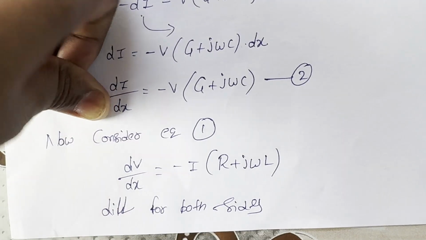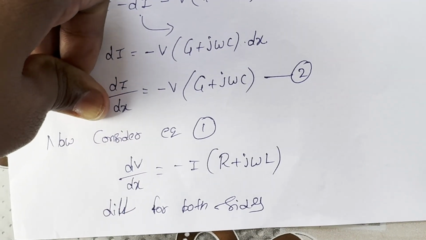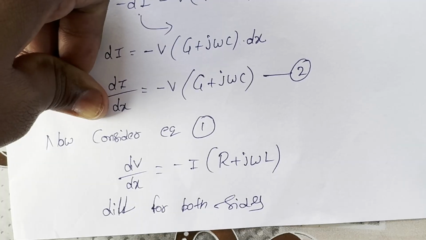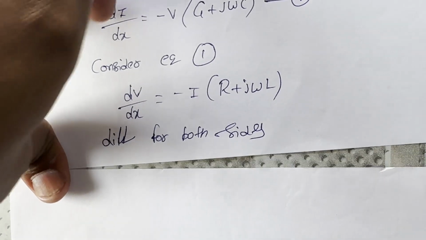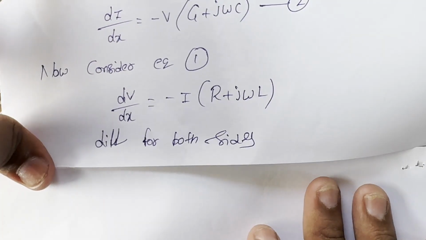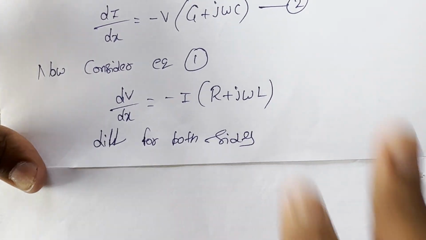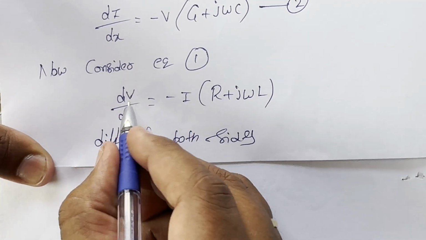I am applying differentiation for both sides of the above equation. Then it becomes dV by dx.